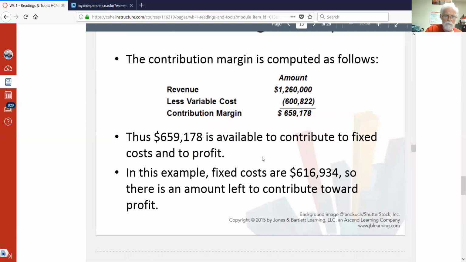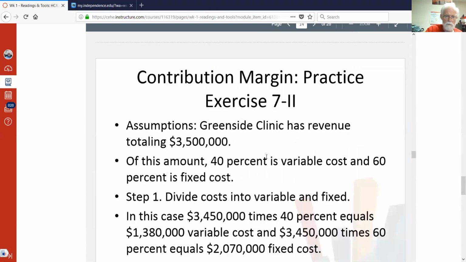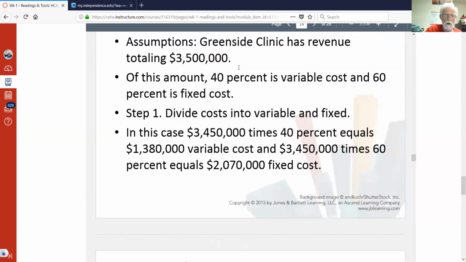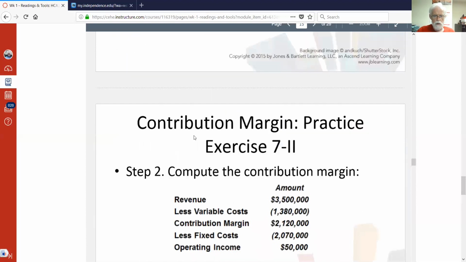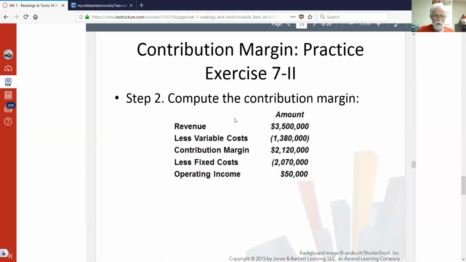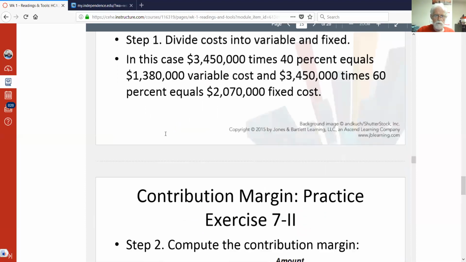Our fixed costs can be set. Okay, so 40%. Let's take a look at this example here. This is just a calculation example. So we can look at the contribution margin.